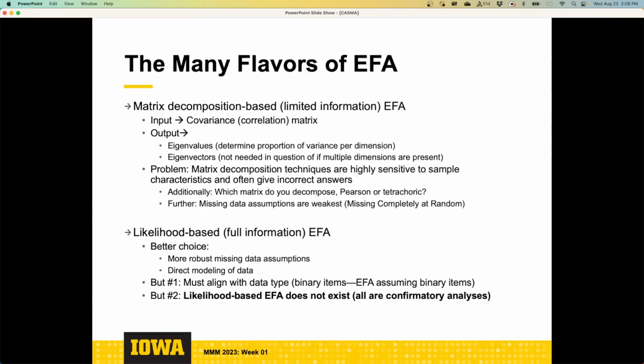Turns out, let's imagine you have continuous data and you use exploratory factor analysis, PCA, if you will. There's two types. We don't talk about a lot of them, but the principal components version is the matrix decomposition, where we take a matrix and we do math on it and we get stuff out of it. All right, fine.